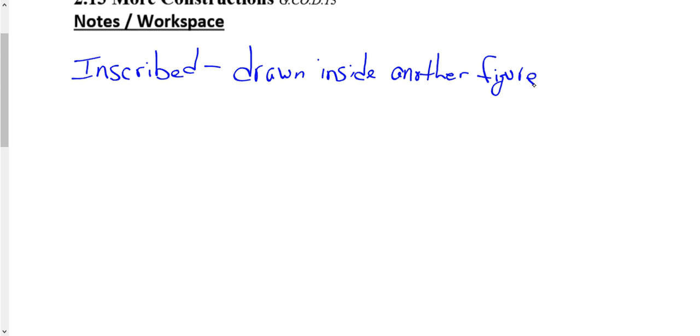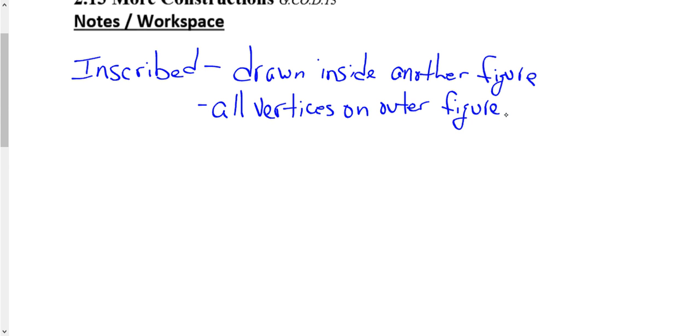And when we do that, all the vertices of the inner figure are on the outside figure, right? So all vertices are on the outer figure. And then it's inscribed.